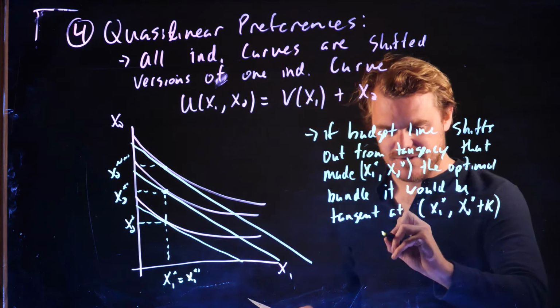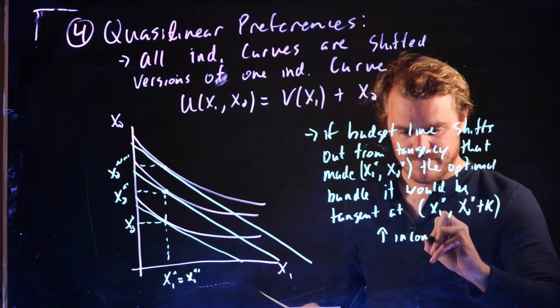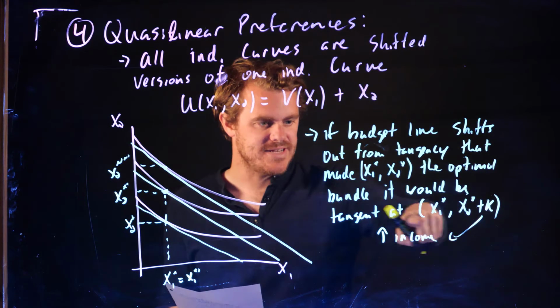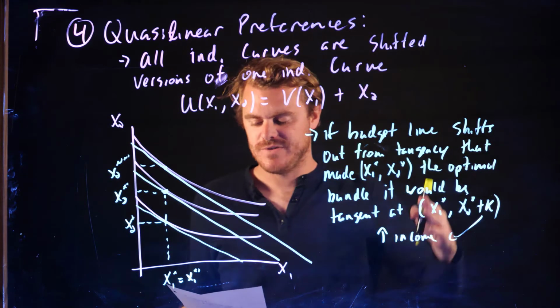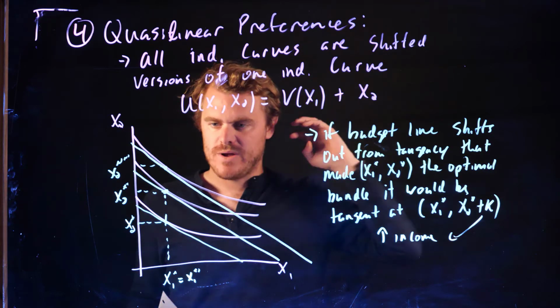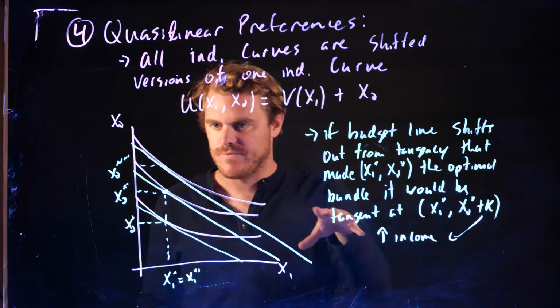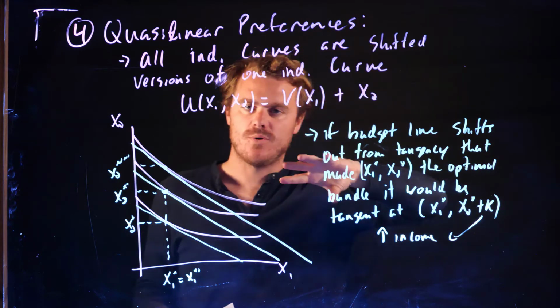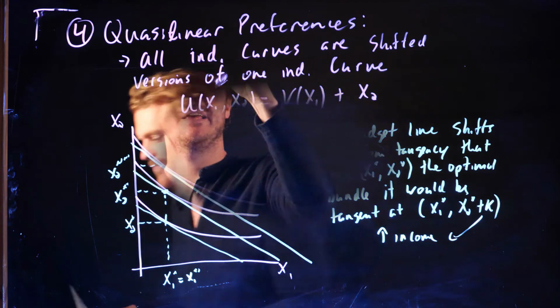So this is from some increase in income. This plus k is associated with the increase in income from shifting our budget constraint. And so now you can see right away the income offer curve and the Engel curve are going to look much different in this situation. So let's erase this board and take a look at those.